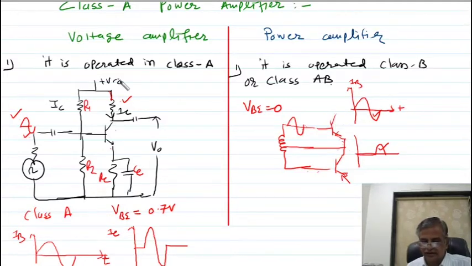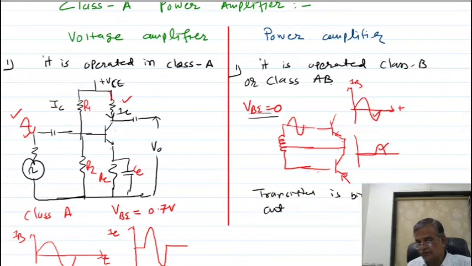Or another way you can say, if your VB is kept 0 voltage, then your bias voltage is 0. If the transistor is biased at cutoff, then it is called class B operation.